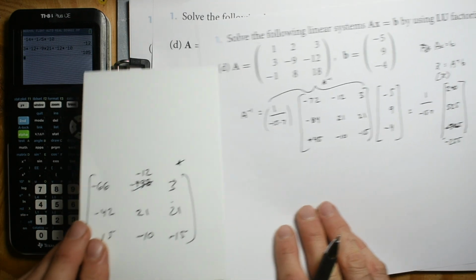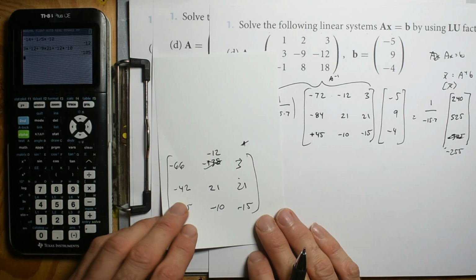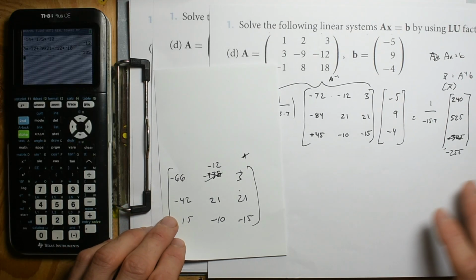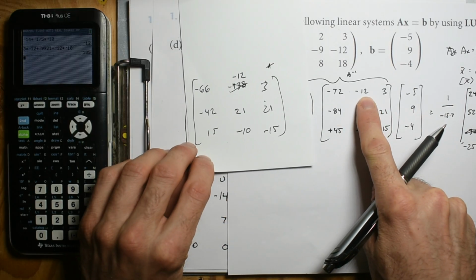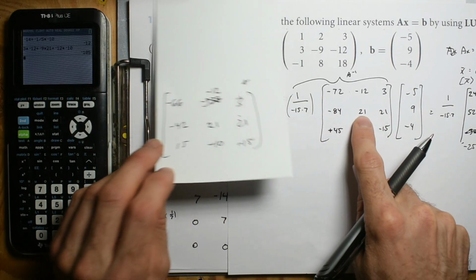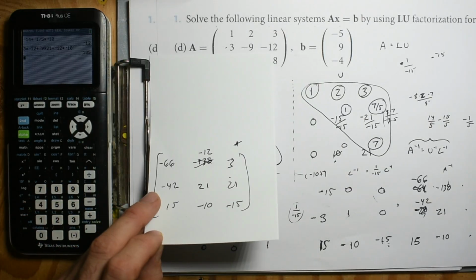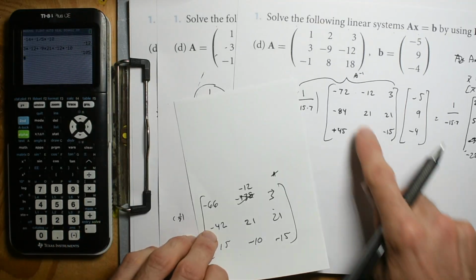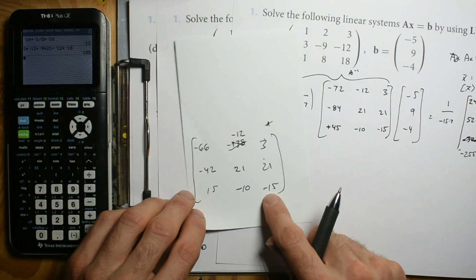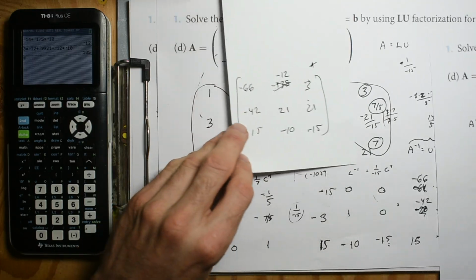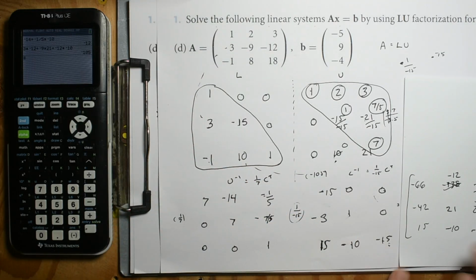Okay, and now we can come back over here. We got the negative 12 back there. And then, I have no idea where we actually even got those values, because this should be the inverse of A. You know what I mean?